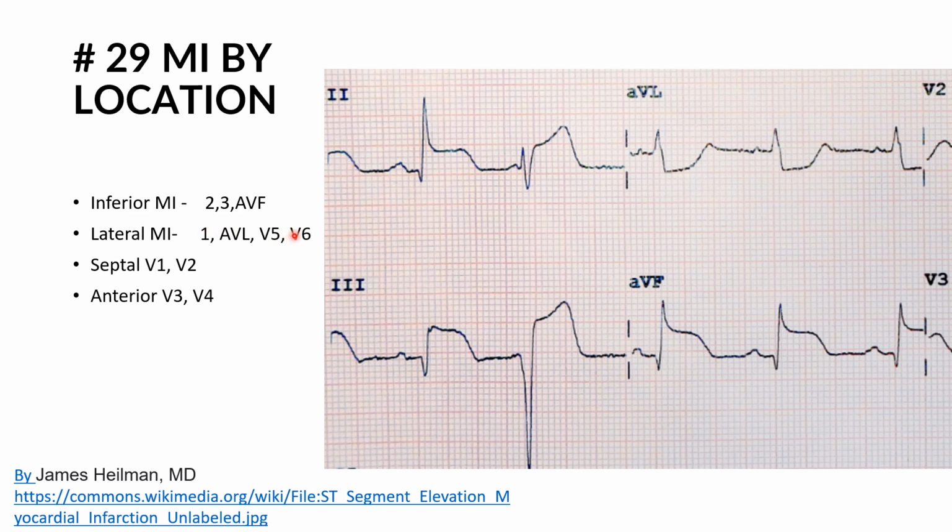Even though there are 4 leads, if only 2 of them show that, we're going to say that's a heart attack. Septal is V1, V2, the wall that separates the right and left ventricles. Once again, if they look like this, heart attack. V3, V4 is the anterior wall of the left ventricle. If it looks like this, once again, heart attack. V5, V6 is the lateral wall of the left ventricle. Heart attack.